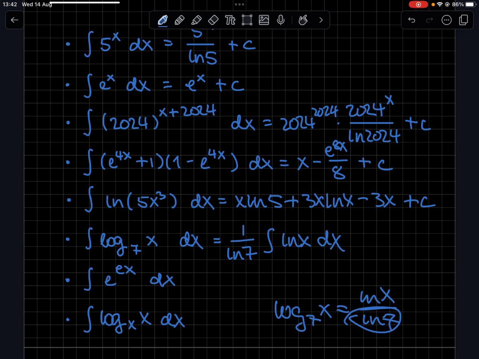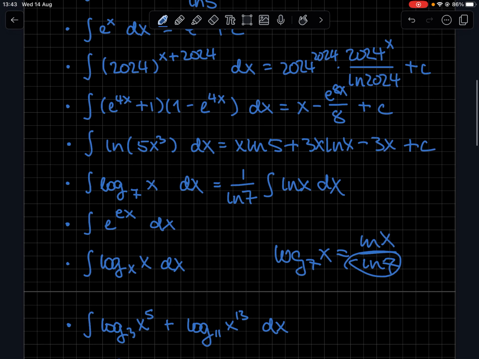Okay? And be careful when you do this thing where you pull things outside of the integral. Whenever you do that, make sure they really are a constant. And a constant is just anything that's independent of x. Okay? So containing only numbers or functions of numbers, but no x's. It has to be independent of the variable.